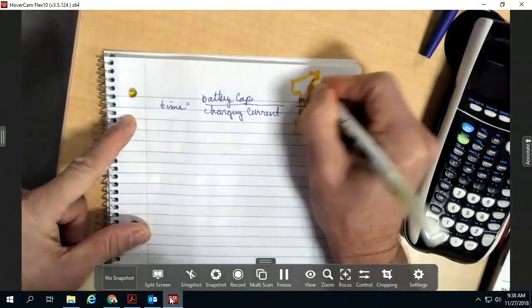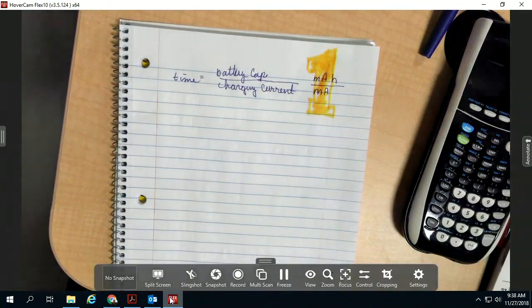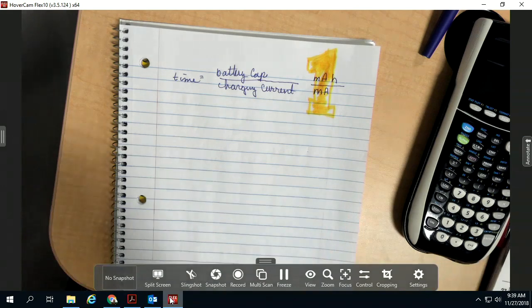And 1 times h is h, correct? So those two are going to, we say, cancel each other out. Not real comfortable with that, but that's what we got. 1900 milliamp hours.